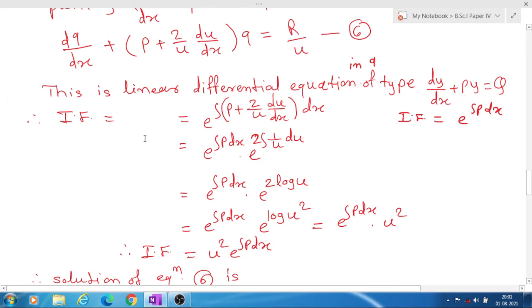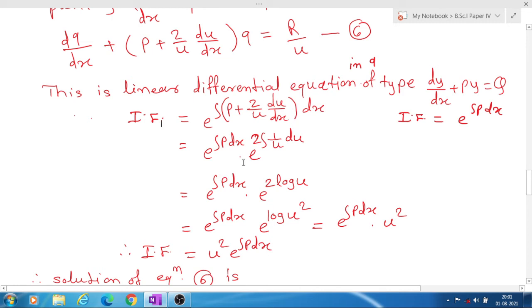Now in our equation, instead of p, the whole bracket is what we have to take. So the integrating factor is equal to e raised to, p means the coefficient of q, that is p plus 2 upon u into du by dx.